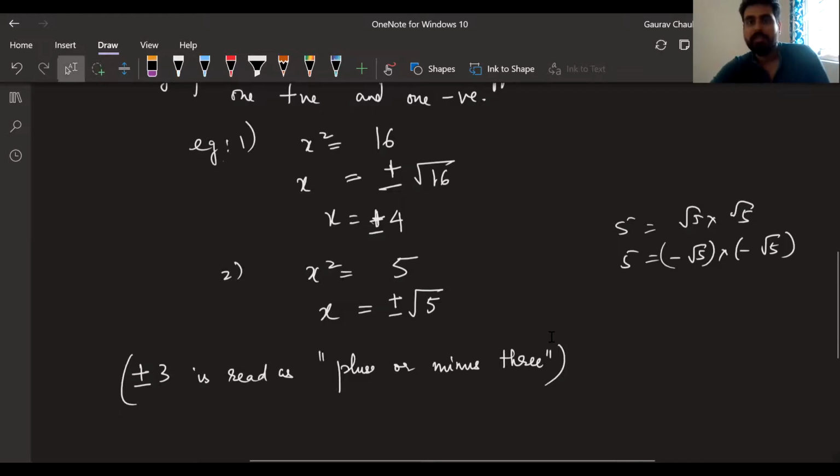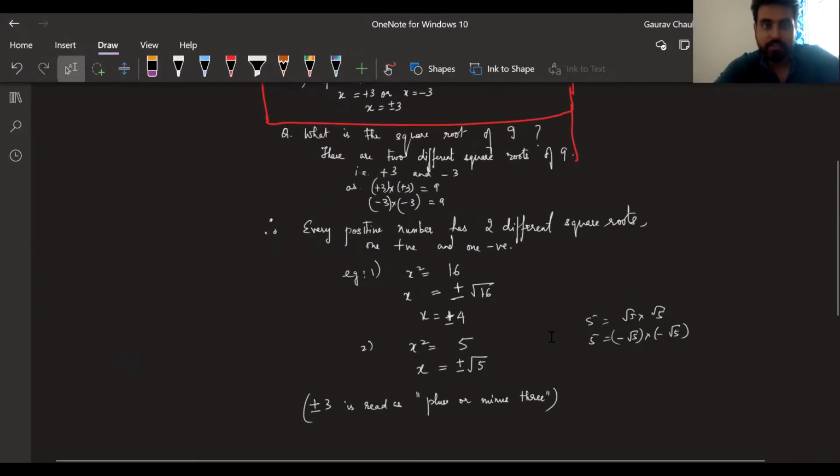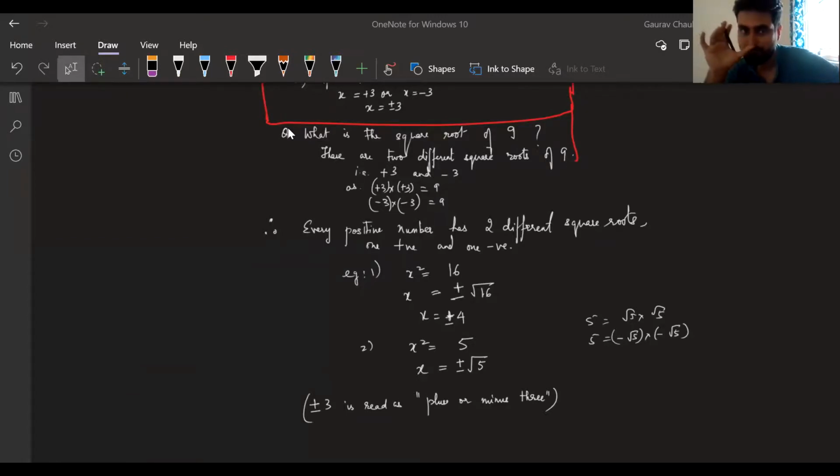Okay, that's what we have done so far, guys, and I want us to take all of this down, and then we are going to go to the quadratic formula.